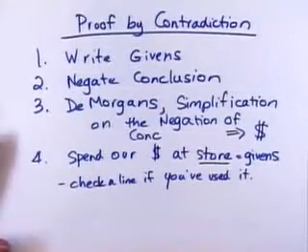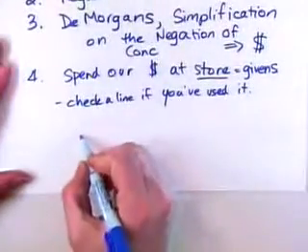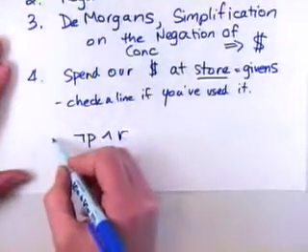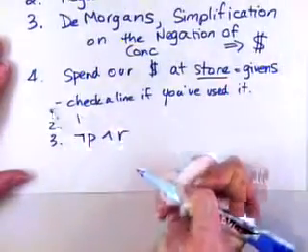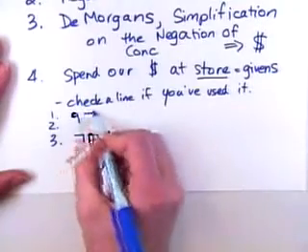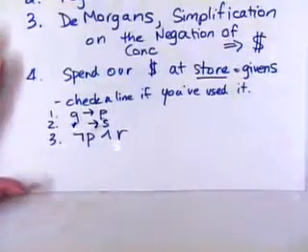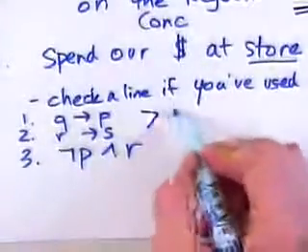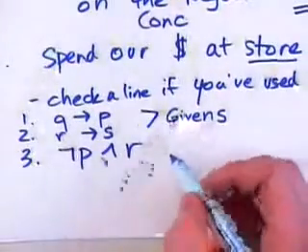Okay? So this is another place where constructive dilemma might help you. If I ended up with something like not P and R in my negation of the conclusion, and I had Q implies P, R implies S, and not P and R as my givens, after I did lots of stuff with my negation and conclusion.